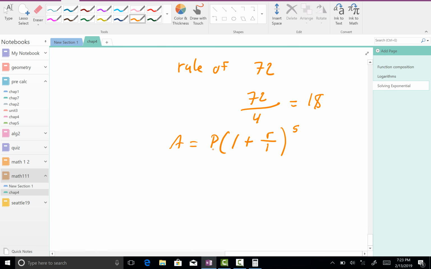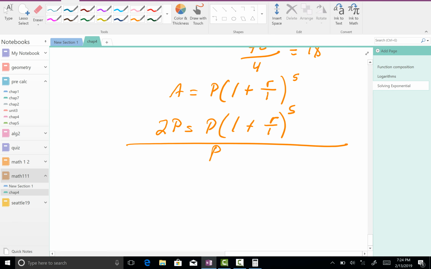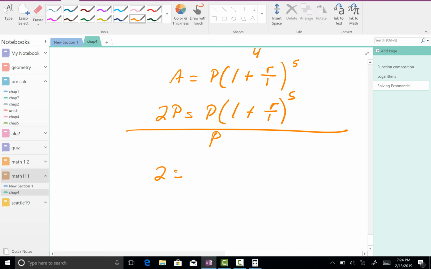All right, so if we're going to double, then this P is going to be 2 times P, because we want to know how long it takes to double it. All right. So we should just divide by P here. You can see this is very similar to what we were doing earlier tonight. So we're left with this.